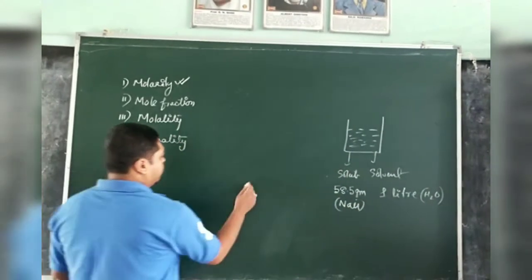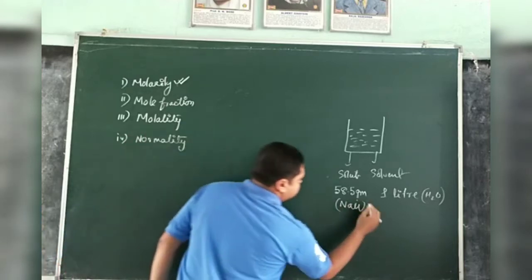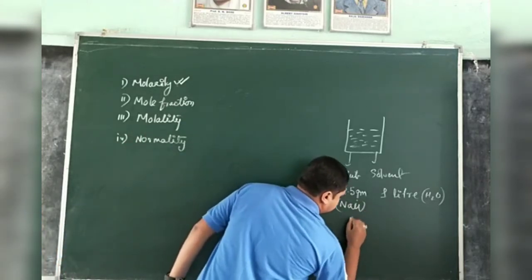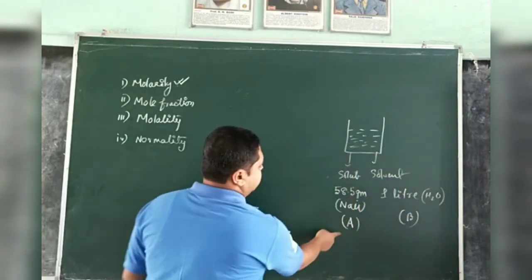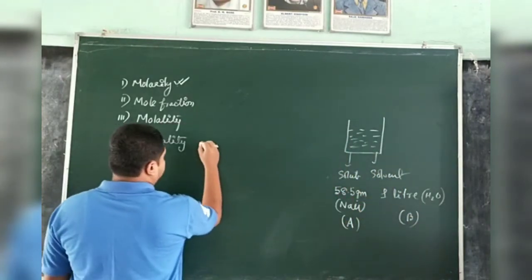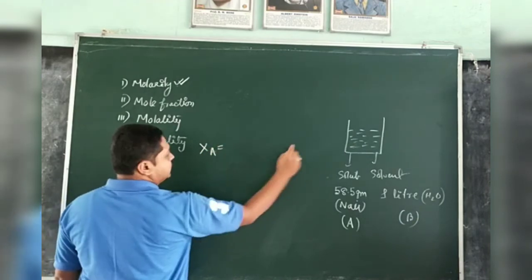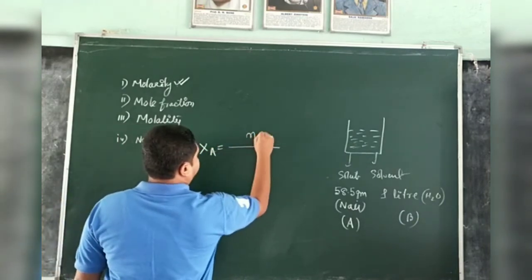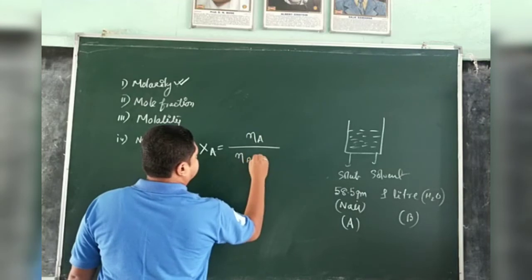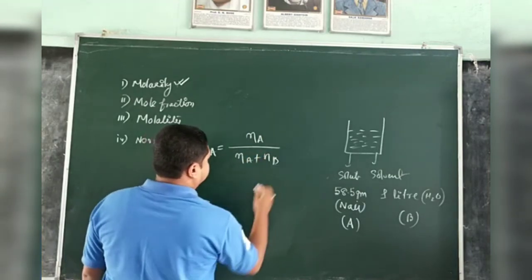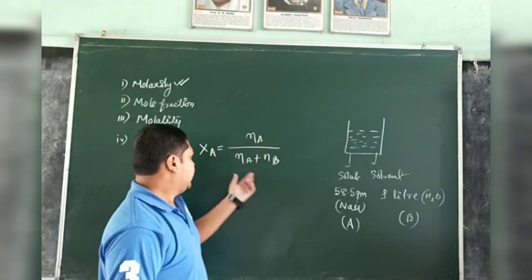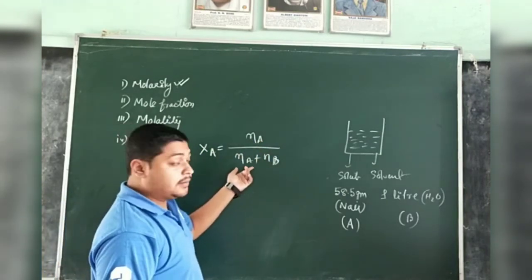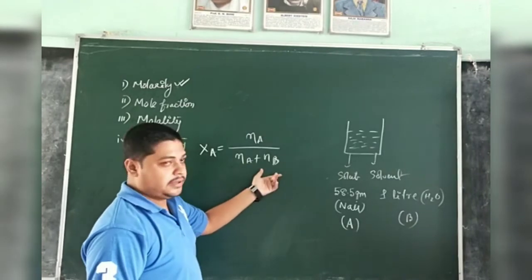So the formula of mole fraction is what? Say one component is termed as A and the other is termed as B. So the mole fraction of A in this solution is what? Number of mole of A divided by total number of mole in the solution. Total number of mole of A means Na, and total number of mole in the solution is Na plus Nb.